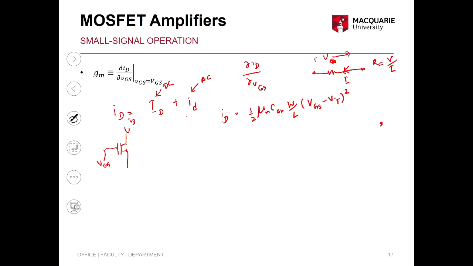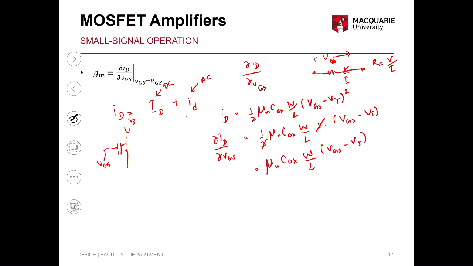If you want to know the transconductance, you basically have to differentiate. So when you do that, the half cancels with the 2, and that gives you mu n Cox W over L (VGS minus VT). That's your GM.